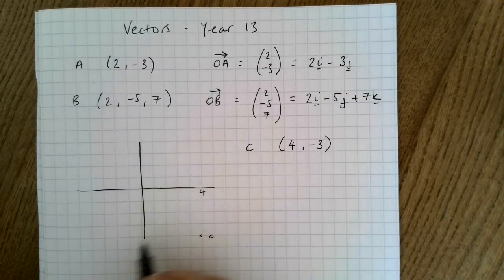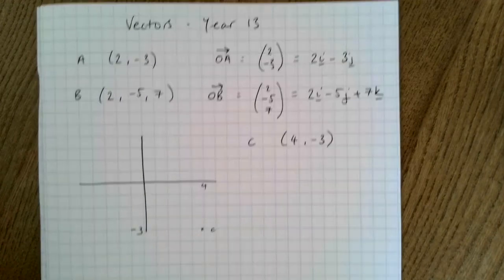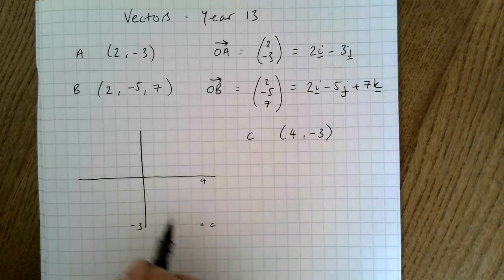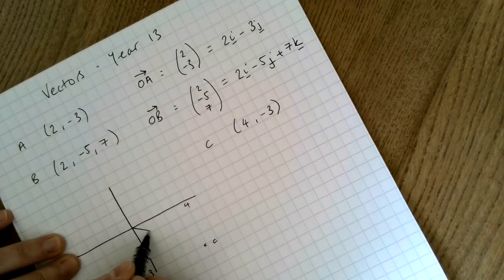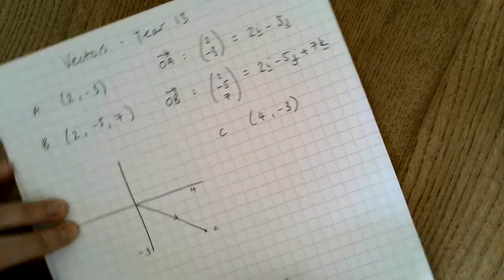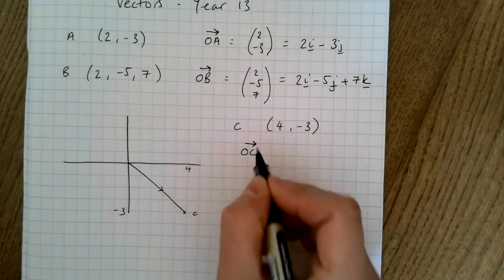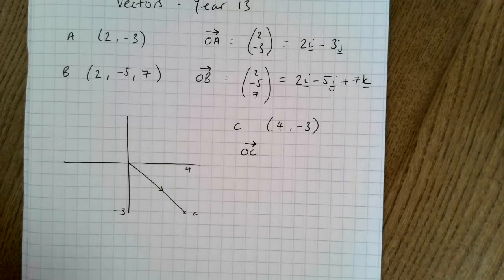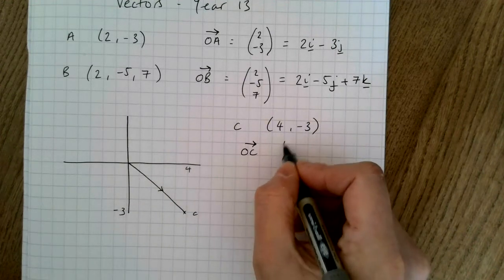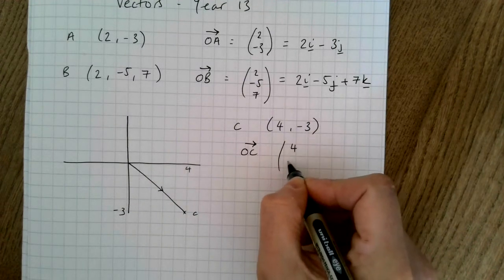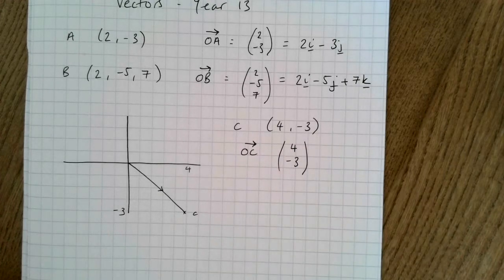So that's 4 across and 3 down. And the vector that goes from the origin to C, I would call that OC, that's the position vector of C, and it would be (4, -3) written as a column vector.